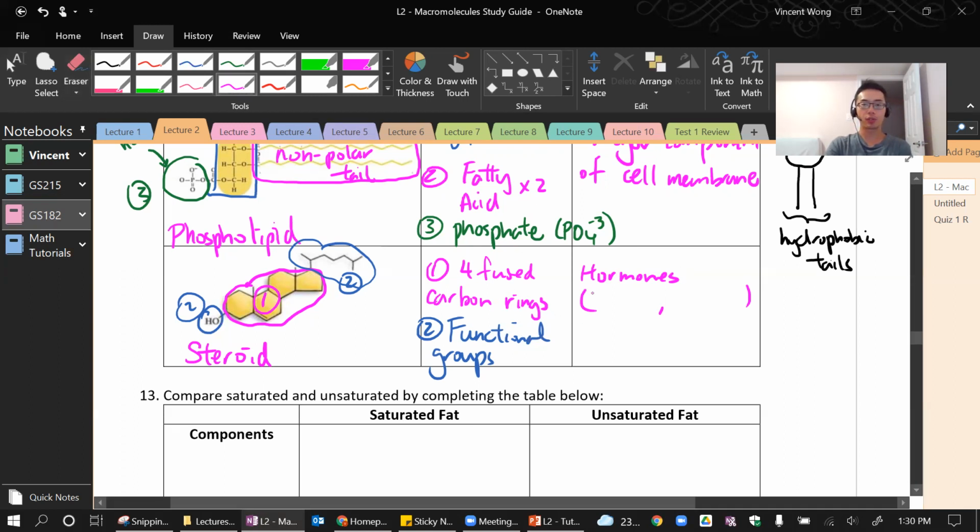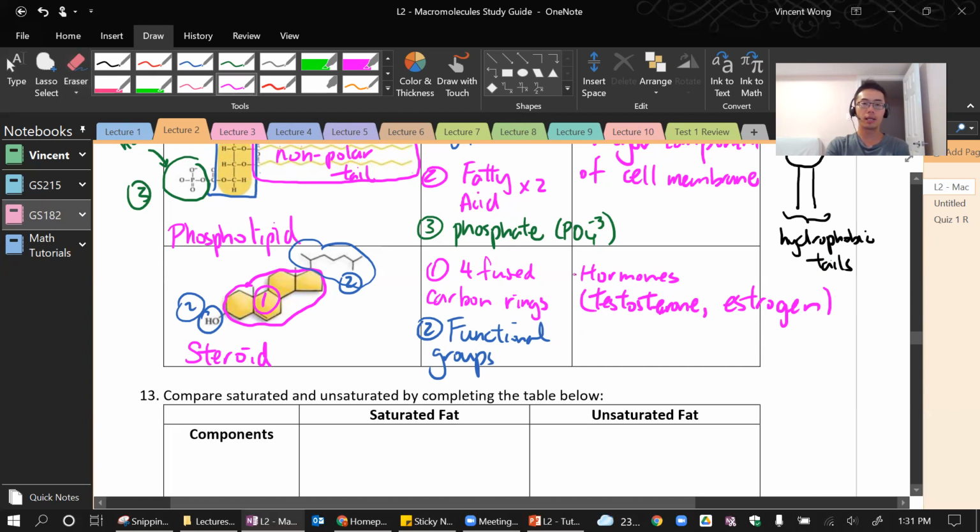Christian says testosterone. That is correct. Okay, so that's the male sex hormone, but females also have a little bit of testosterone. And estrogen, that's correct. That's the main female one. Okay, so testosterone and estrogen, those are steroid hormones.